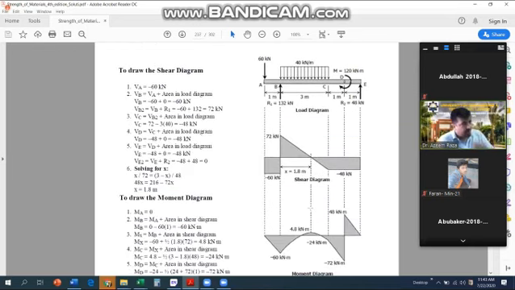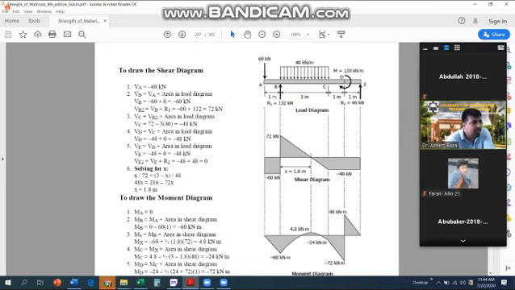So moving to the shear diagram, we can look at this one. Starting with VA. At VA, we have a negative load of 60 kilonewtons, so VA will be minus 60. VB will be minus 60 plus the change in load between A and B. Change in load between A and B is 0, so it will be minus 60. So that is VB1.